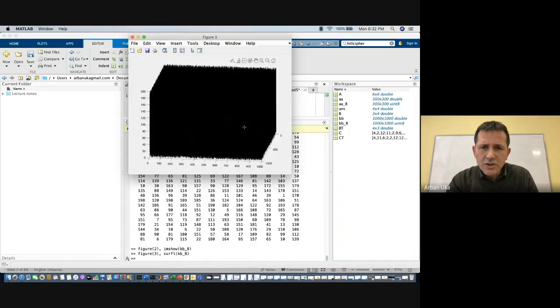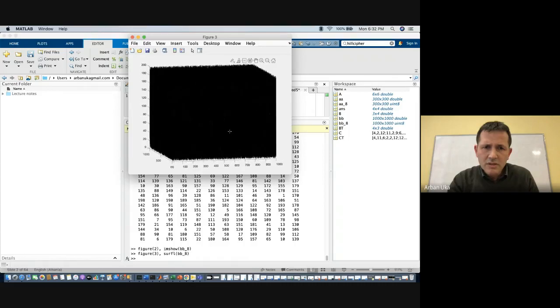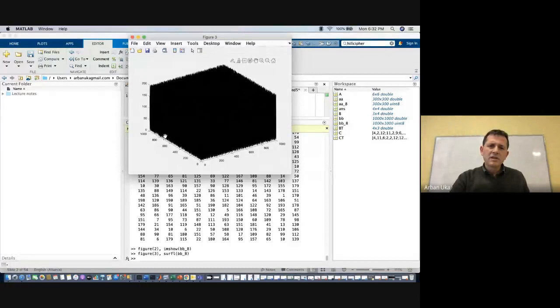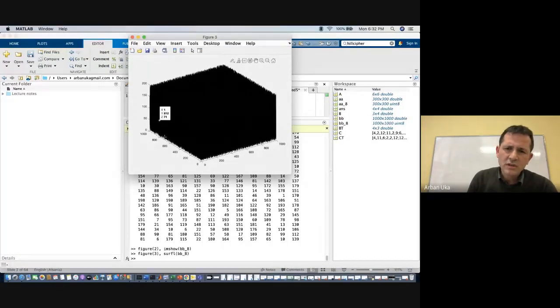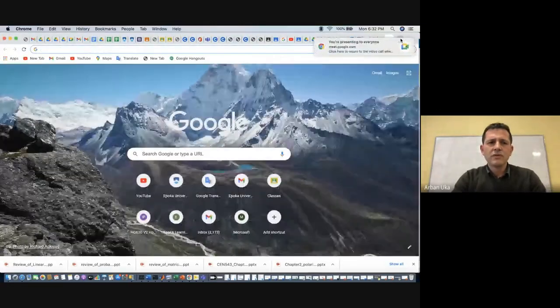Since this is randomly generated, it's very hard to notice anything significant. But as you can see, we have the three-dimensional plot of this image, where on the x-axis we have 1,000 readouts, the numbers go from 1 to 1,000, on the y-axis 1 to 1,000, and on the z-axis we see intensities from 0 to 200.